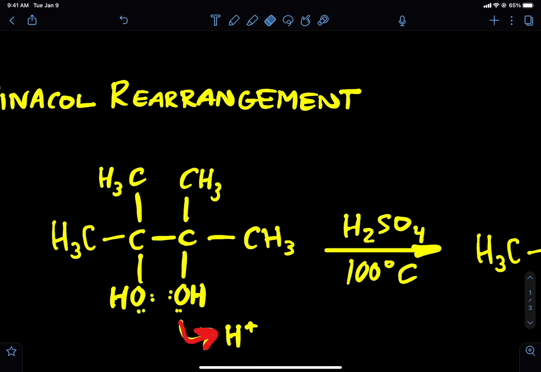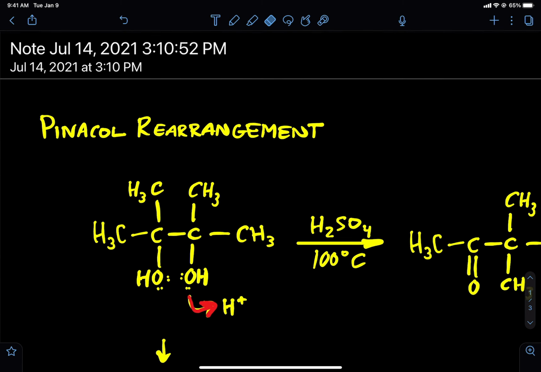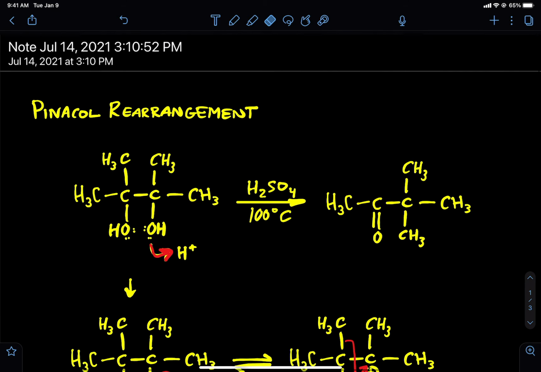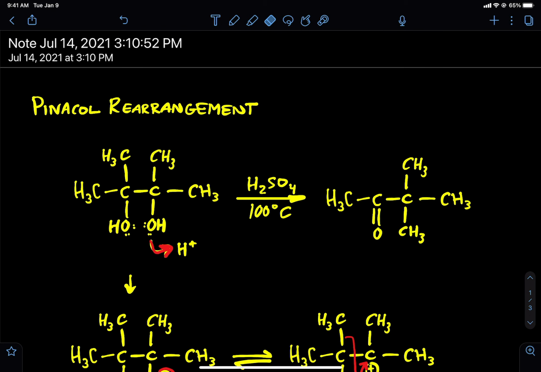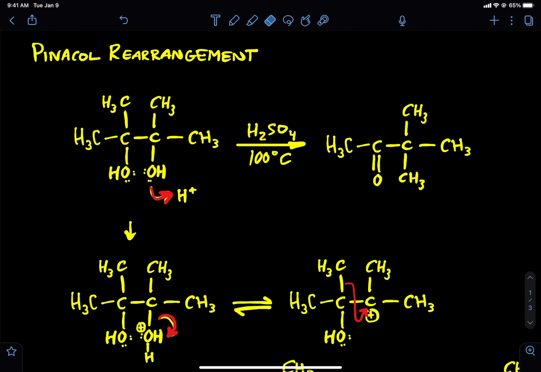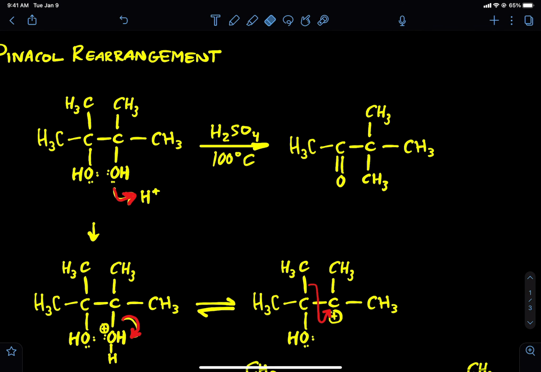So think about it from the big picture. If I want my product to look like this, I can get there by having my starting material look like that. And then H2SO4 and heat, you get the transformation. So it's a useful synthetic transformation from that perspective.